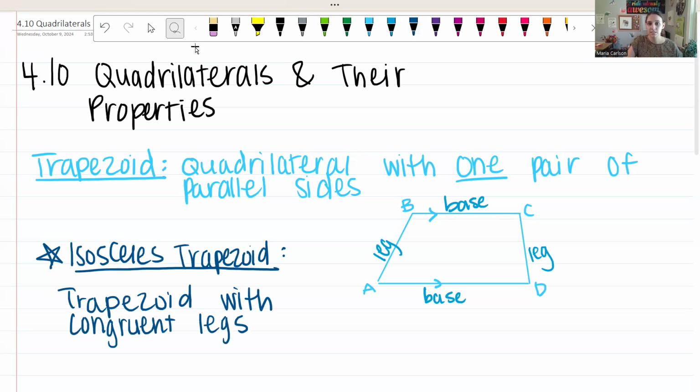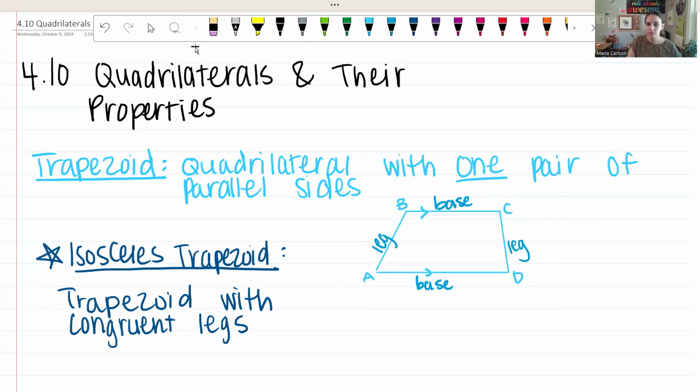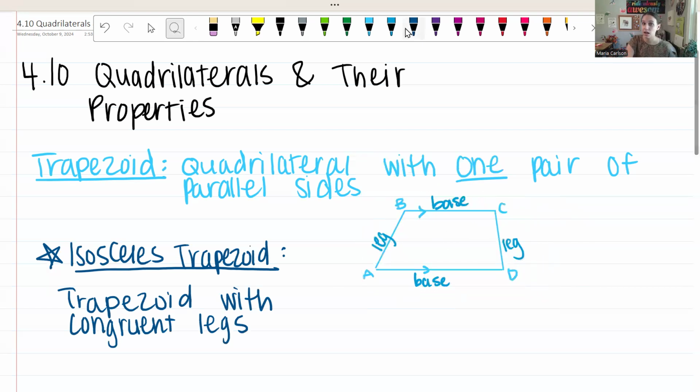So this first example I created here is not an isosceles trapezoid. Those two legs are not congruent. So this example here is not isosceles.